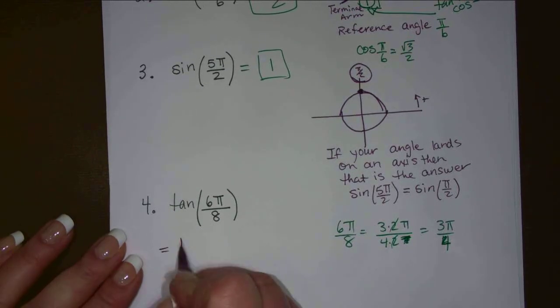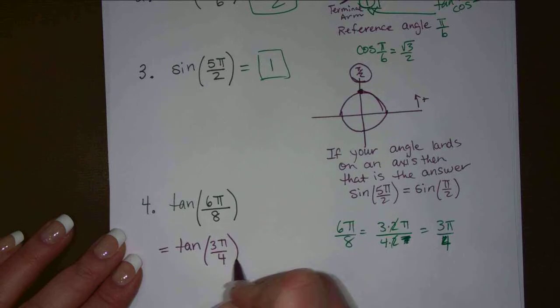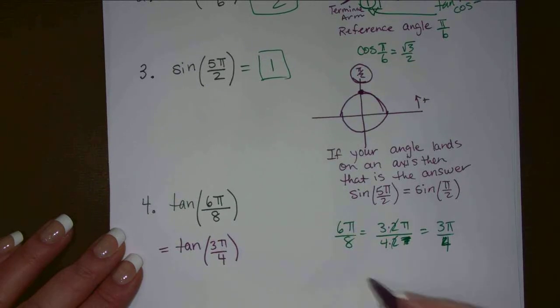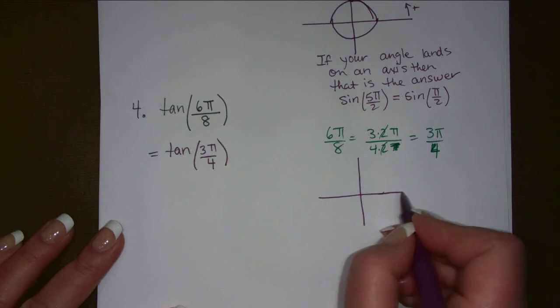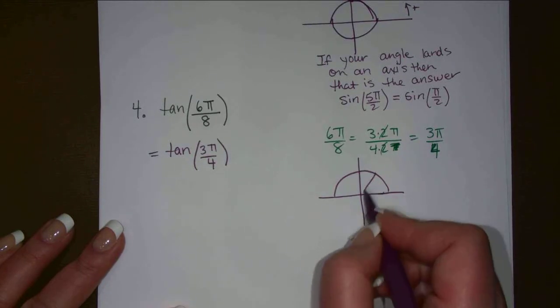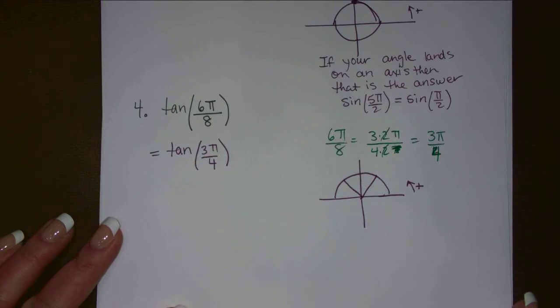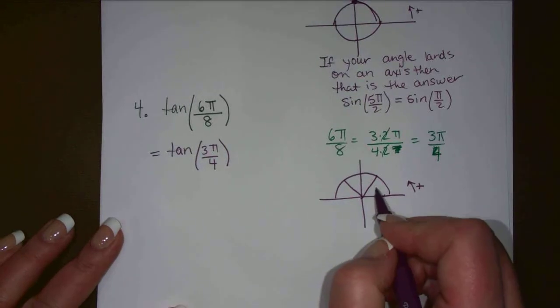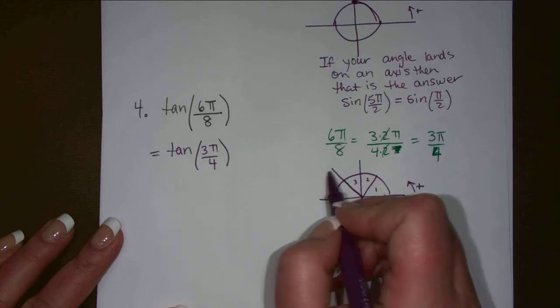So this is what we're looking for, 3 pi over 4. So we draw it. That is pi cut into 4 pieces in the positive direction. And how many do we want? 3, so we're right here.